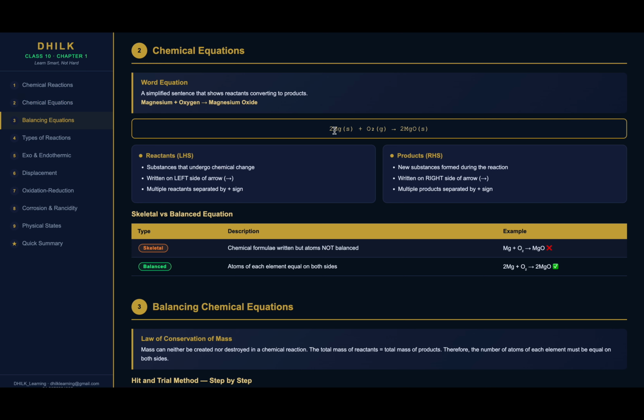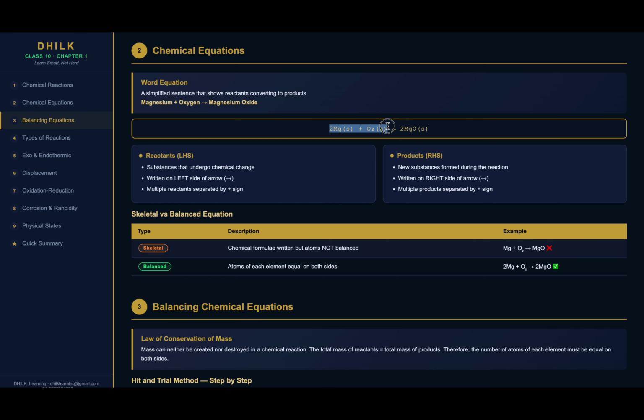So for example, 2Mg + O2 → 2MgO. Here Mg is the symbol for magnesium. O2 is the formula for oxygen gas; this is the O2 molecule. And MgO is the formula for magnesium oxide. Now in a chemical equation, the substances on the left side of the arrow are called reactants.